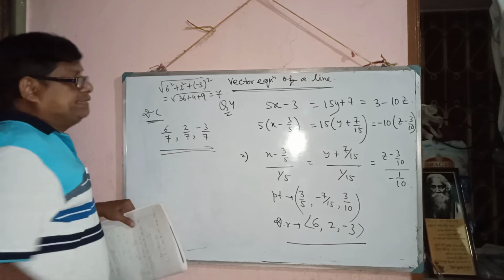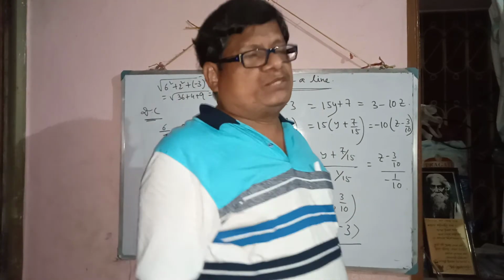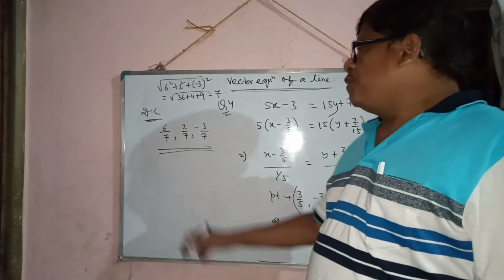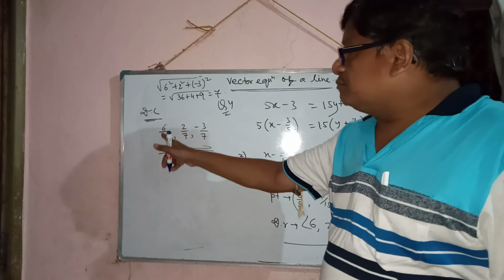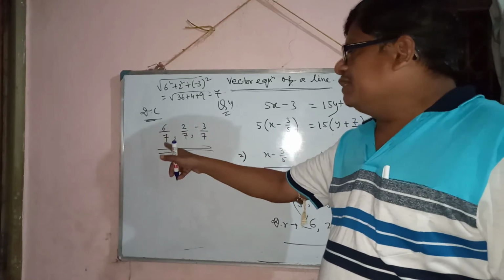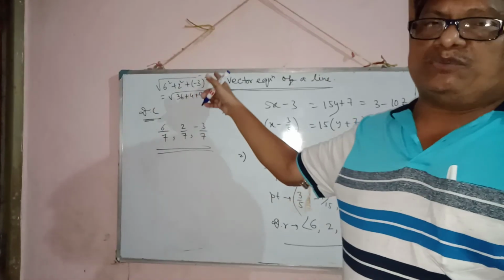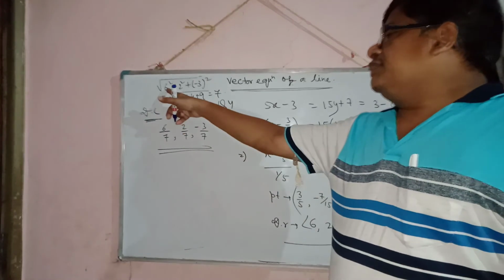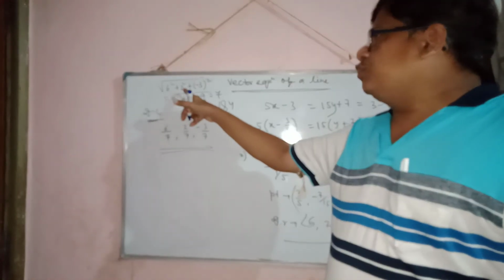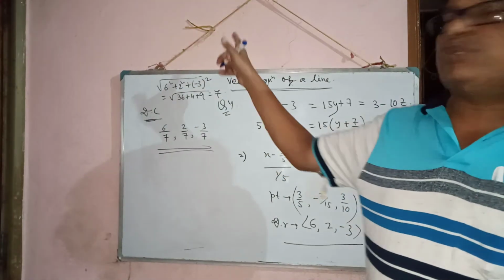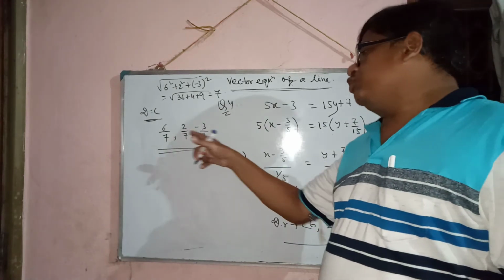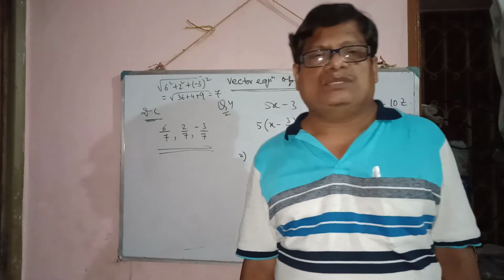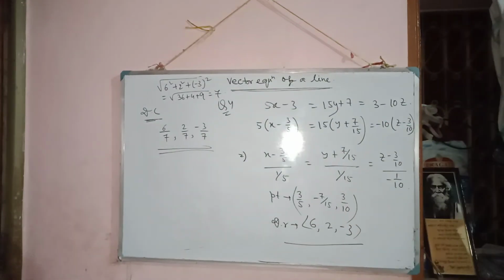So when the direction ratio is given, you have to divide by the square root of the sum of their squares. That is 7, so 6 by 7, 2 by 7, minus 3 by 7. Now do it yourselves.